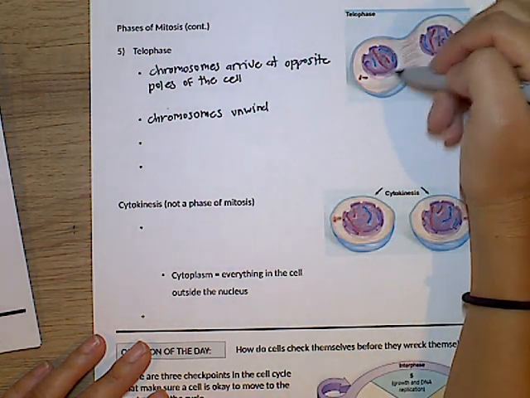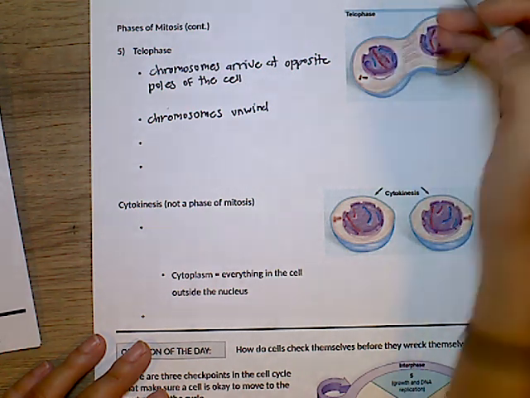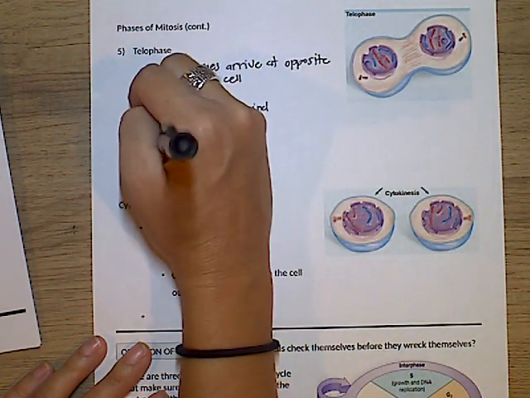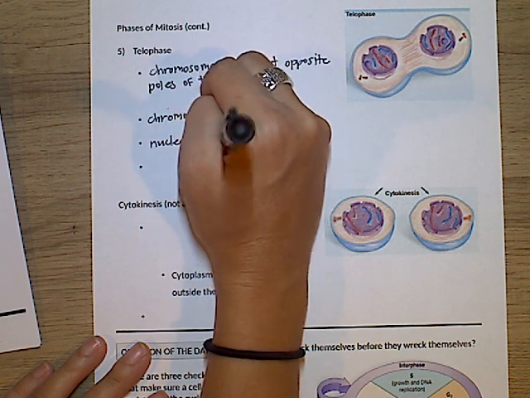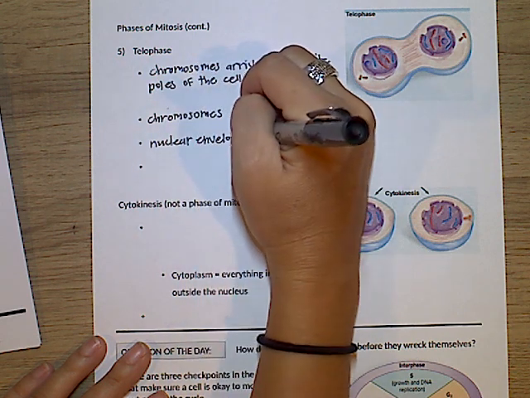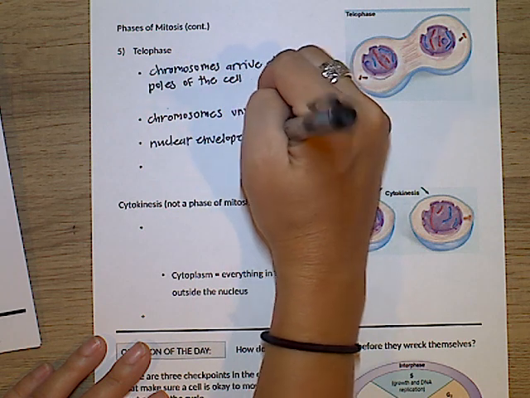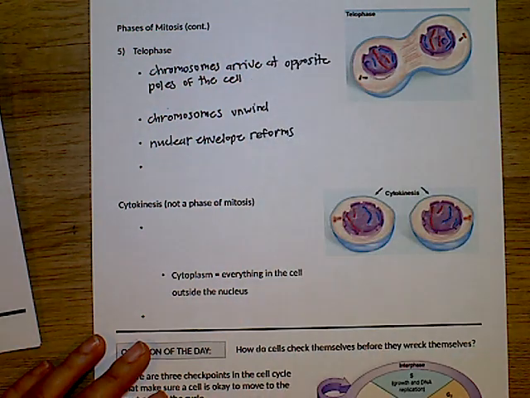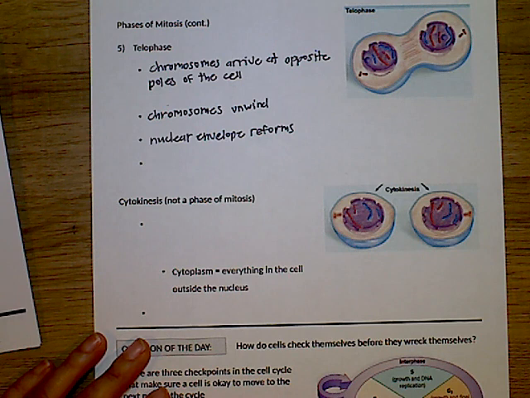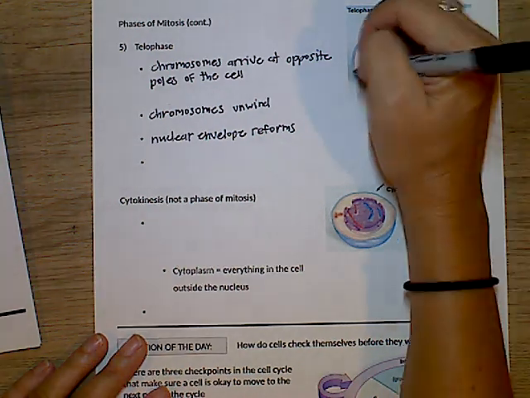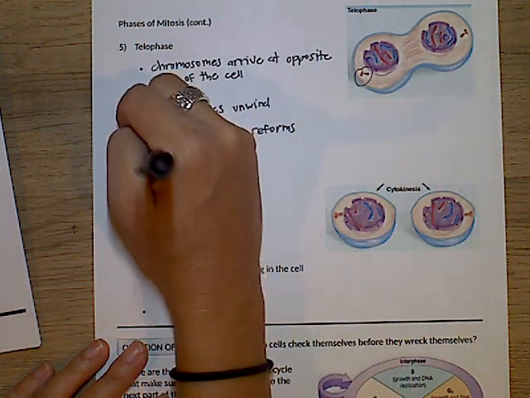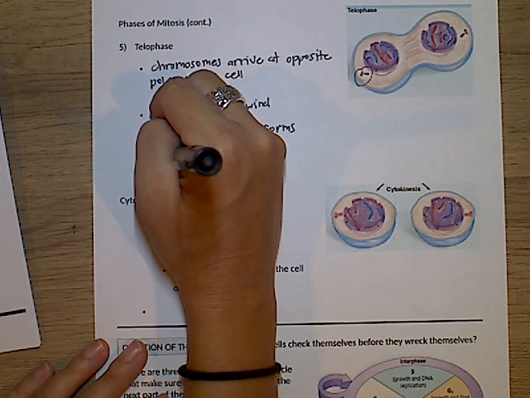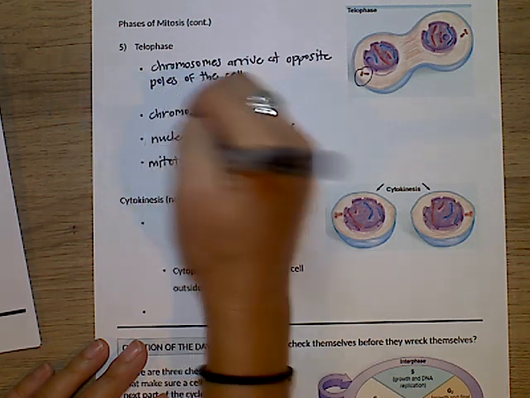The nuclear envelope starts to reform. And the mitotic spindle reforms. Basically, we're going back to business as usual.